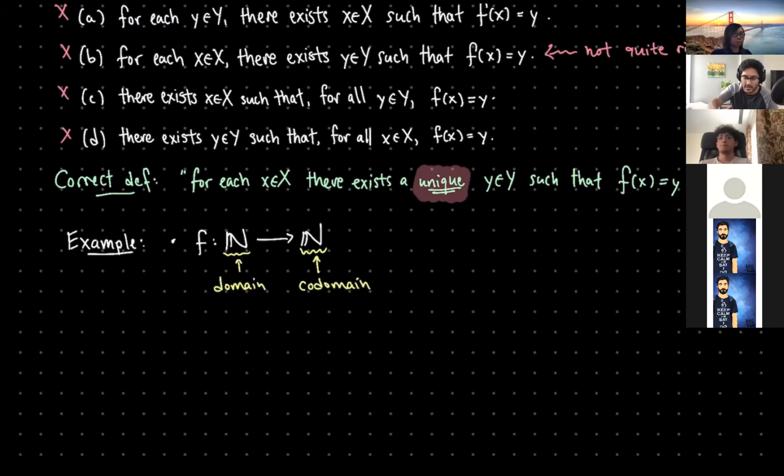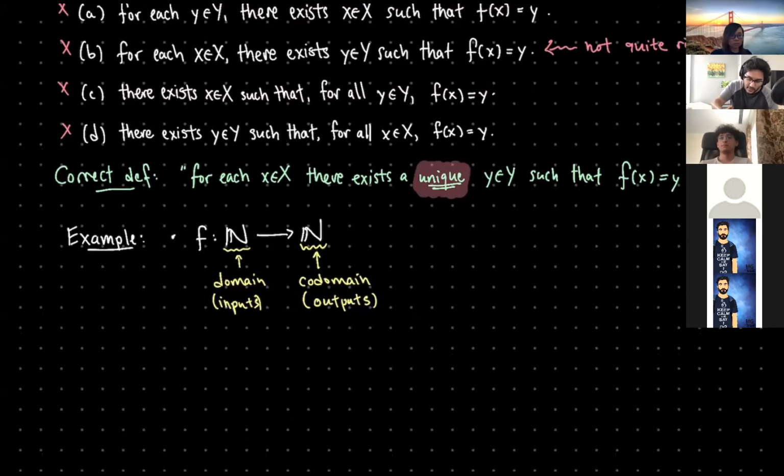The difference is that you can think of the domain as the set of inputs, and the codomain as some set of outputs. But we're going to talk about range and image in a second, and those are a little bit more subtle. But let's just say like this, and here's an example.